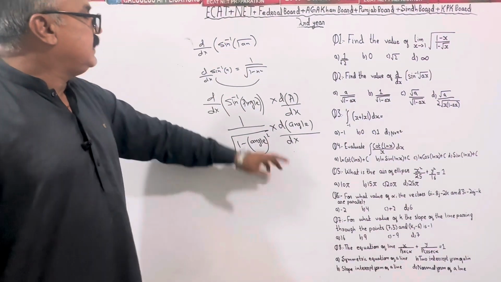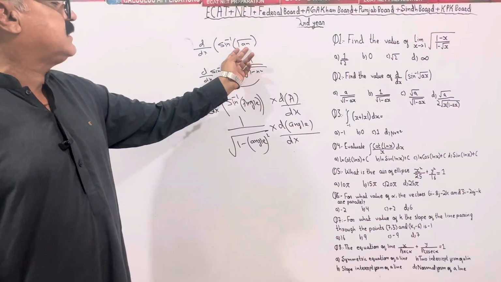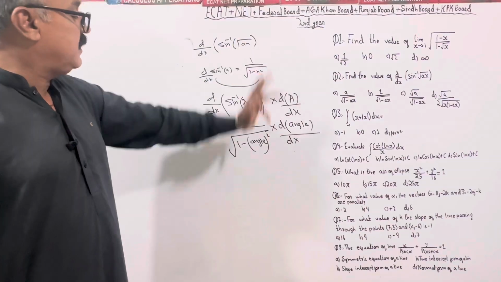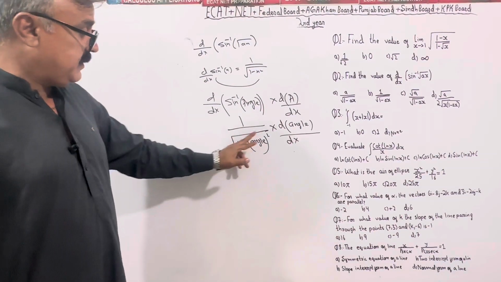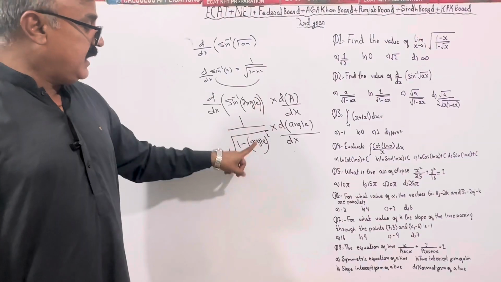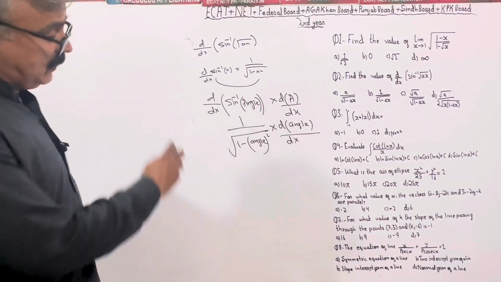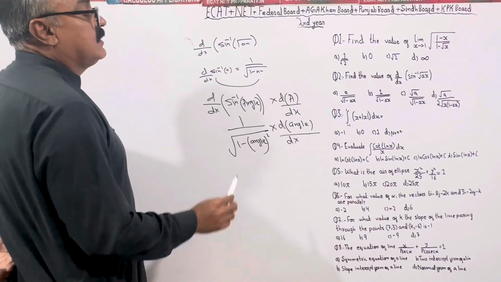In exams, a simple angle is not present. The angle is cumbersome, tedious, some multiple or divisible of a particular thing. So I write 1 over 1 minus, instead of x, angle squared, and introduce the derivative of the angle with respect to x. If you follow this strategy in sine inverse, cos inverse, tan inverse, you are going to work wonders.